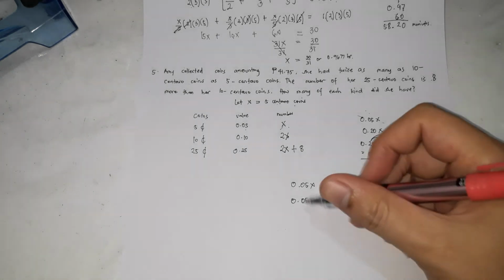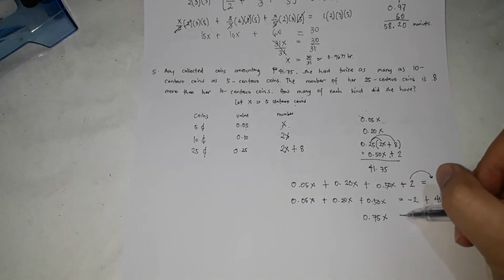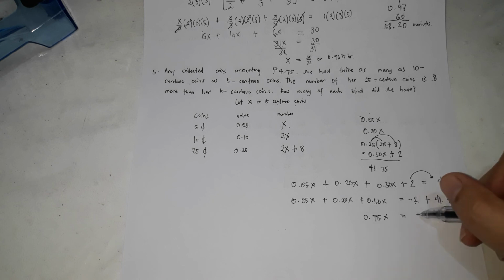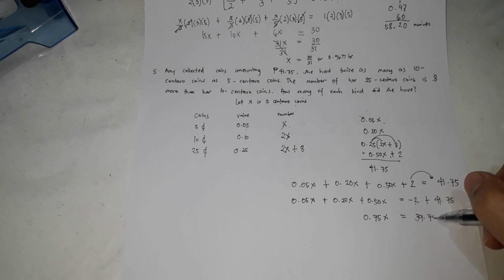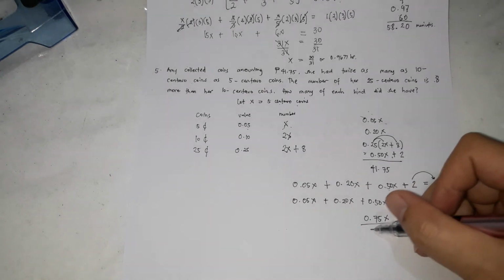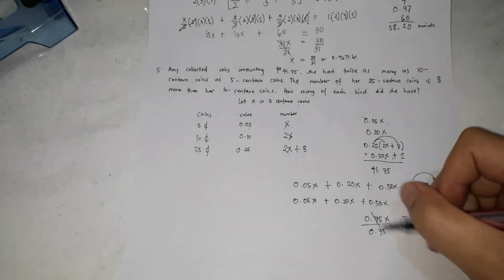So, if you're going to add this, that's 0.75x is equal to 41.75 minus 2, that's 39.75. Para makancel sa 0.75, so divide both sides by 0.75.